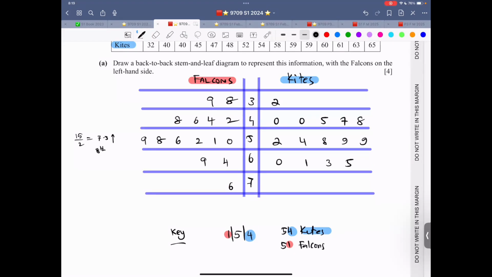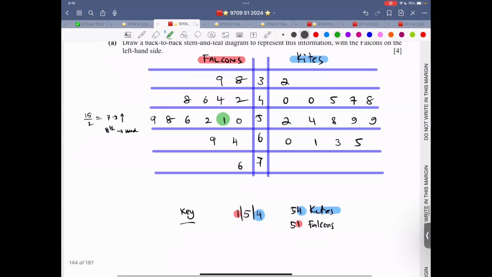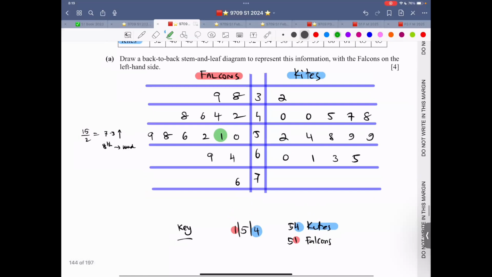That is the 8th value is the median. So let me focus on the 8th value: 1, 2, 3, 4, 5, 6, 7, 8. So 1|5 is 15. That's the median. And from the lower 7, let me write over here like this. The 8th is the median. There are 7 values on this side, 7 values on this side. That means the 4th smallest one is the lower quartile. The 4th from here, that would be the upper quartile. That's how I do it.